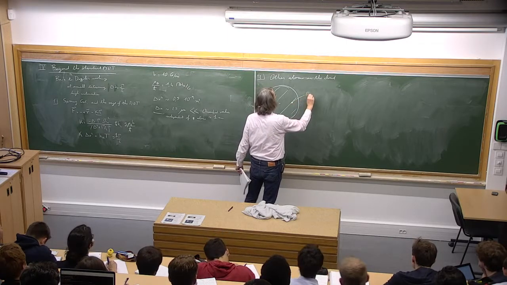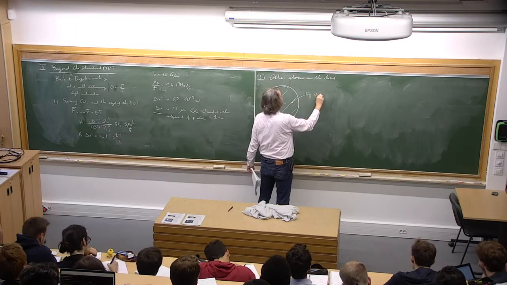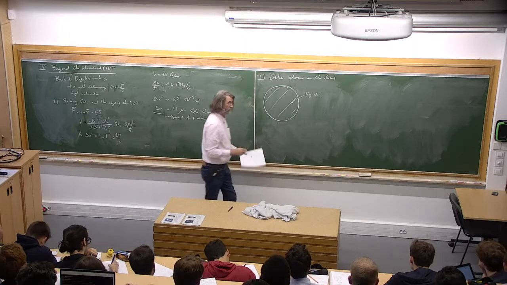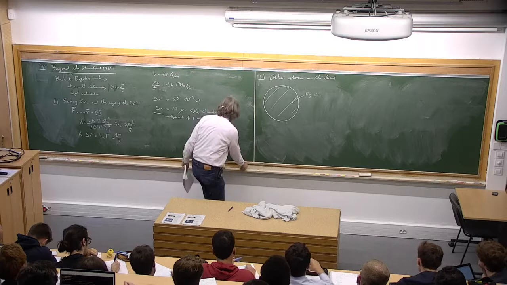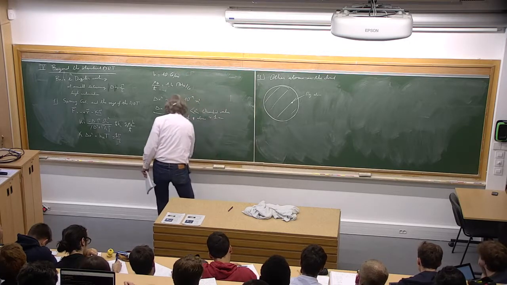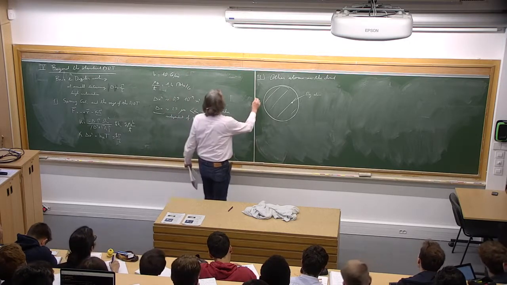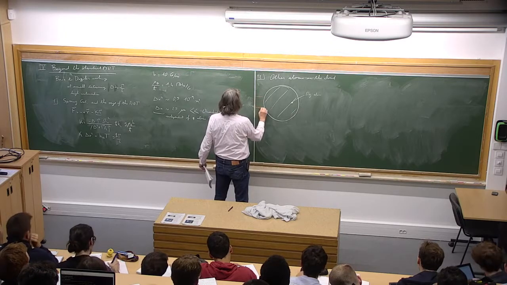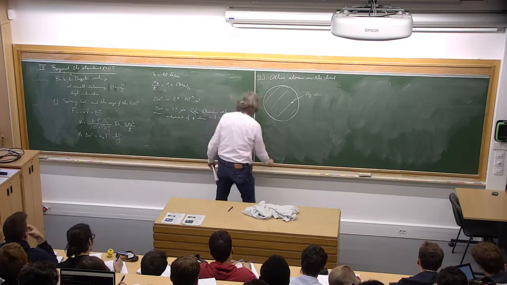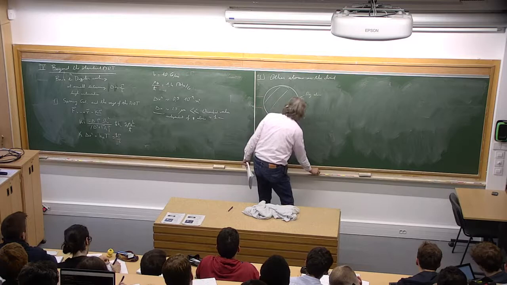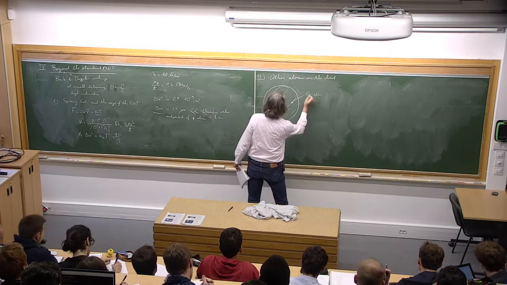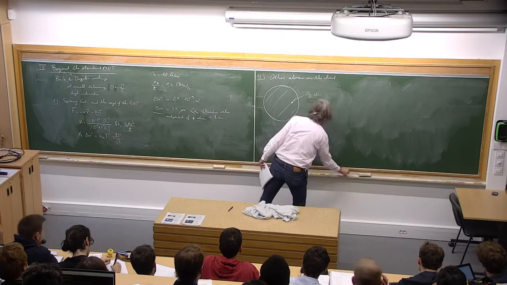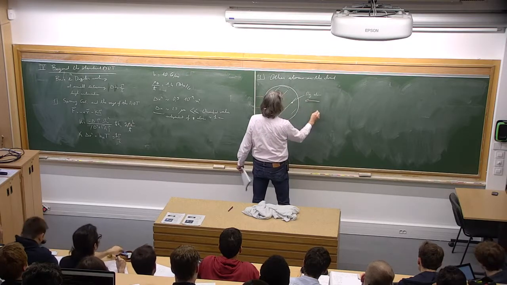So this is my atom, the one I am interested in. It is somewhere here. So, what do I have? I have some light coming from this direction, and I have some light, no, not this color because it's the same, sorry. And we have some light coming from this direction.